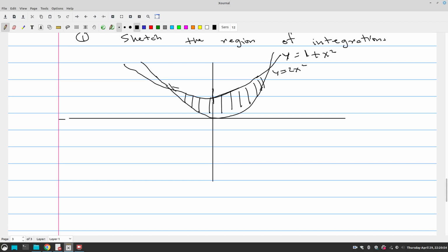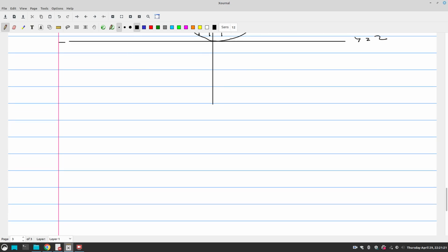There are two points of intersection between the two parabolas, given by twice x squared equals 1 plus x squared, so x is equal to plus or minus 1, and y is equal to 2. This point is negative 1, 2 and this point is positive 1, 2. In fact, they should be on the same level; the sketch doesn't make that obvious. Then you write the region of integration.